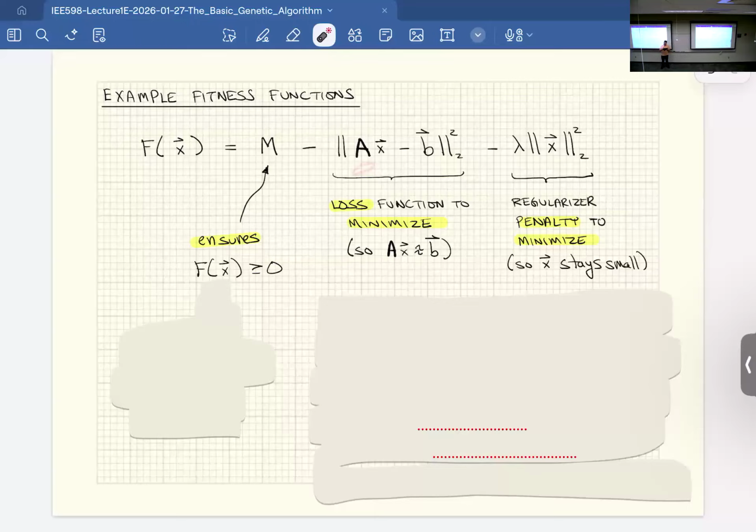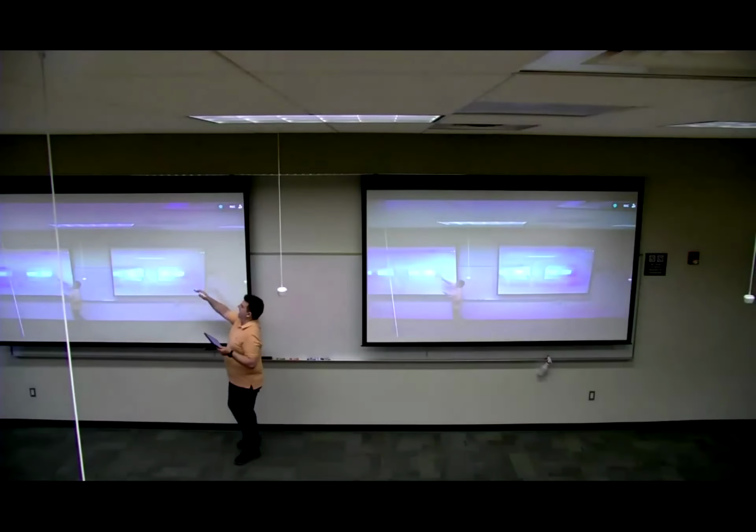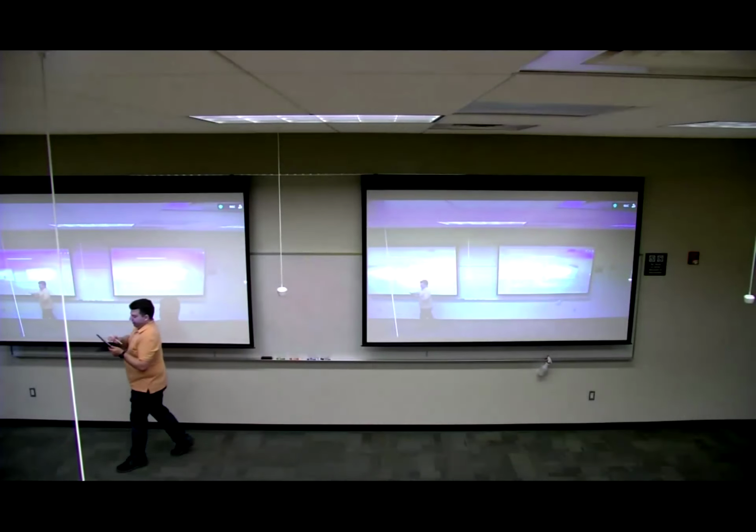This thing doesn't depend on A, it only depends on my genotype. And so effectively I'm saying I want the size of my genotype to be small. I'm penalizing large, and I'm not saying large in terms of number of genes, but large in terms of the actual alleles that are there.